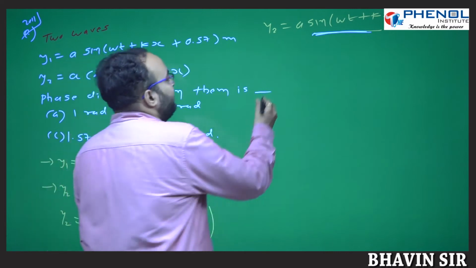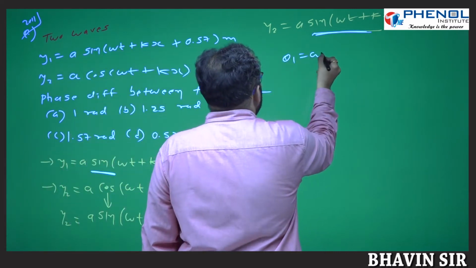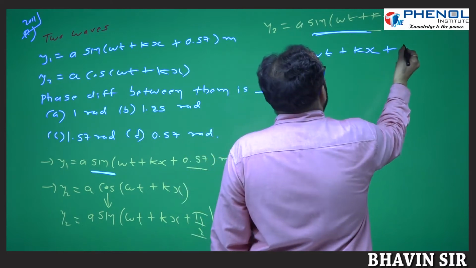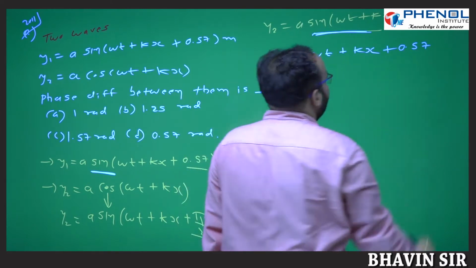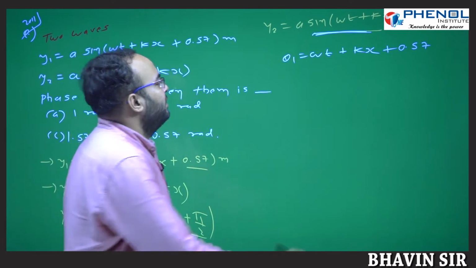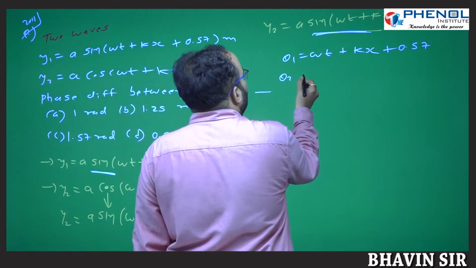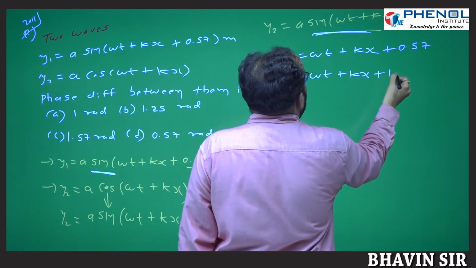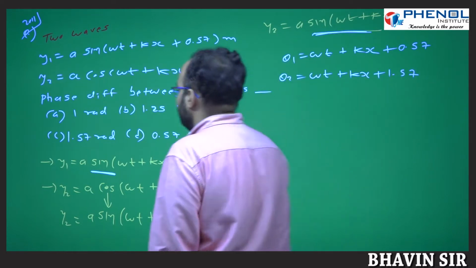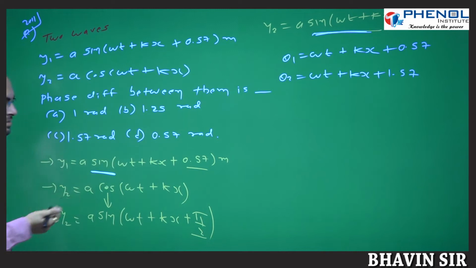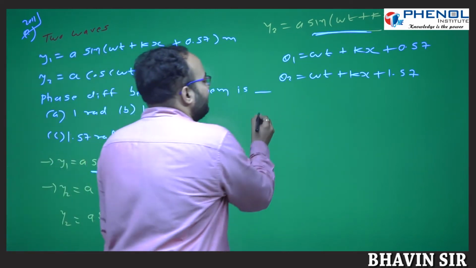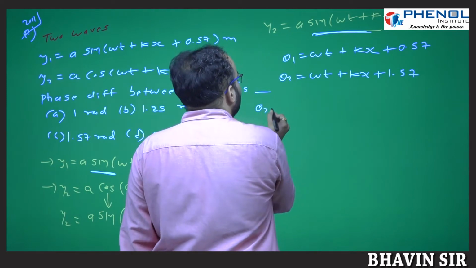For the first wave, what is the phase? Omega t plus kx plus 0.57. For the second wave, what is the phase? Omega t plus kx plus 1.57. See students, all answers are positive, so we subtract from the higher value. So theta 2 is higher, 1.57.